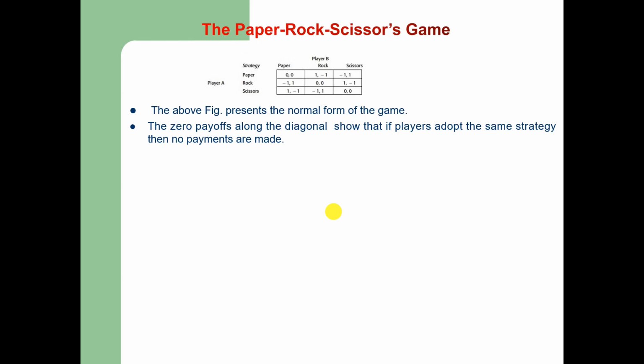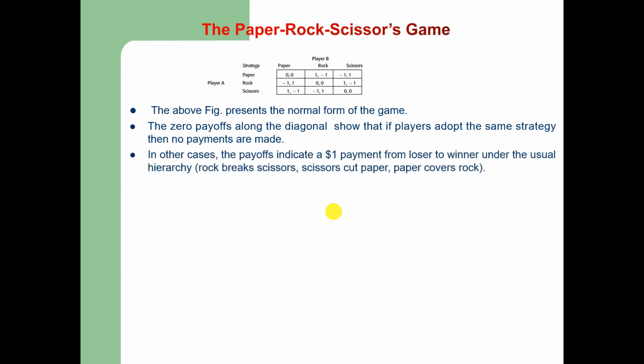If you look at this table, if both the players show paper, then there are zero payoffs for both the players. If both the players show rock, then again there are zero payoffs for both the players. And in case of scissors, if both of the players show scissors, then again no payments are made.